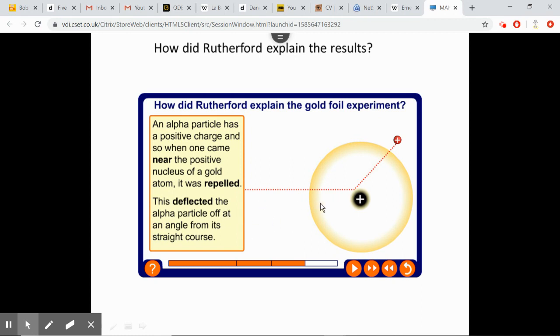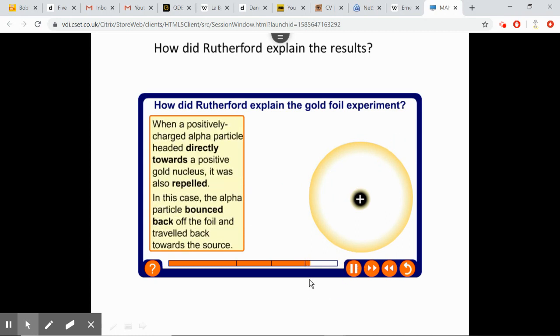This deflected the alpha particle off at an angle, which explains those ones changing direction. When a positively charged alpha particle heads directly towards the positive gold nucleus, it's also repelled. In this case, the alpha particle bounced back off the foil and travelled back towards the source.